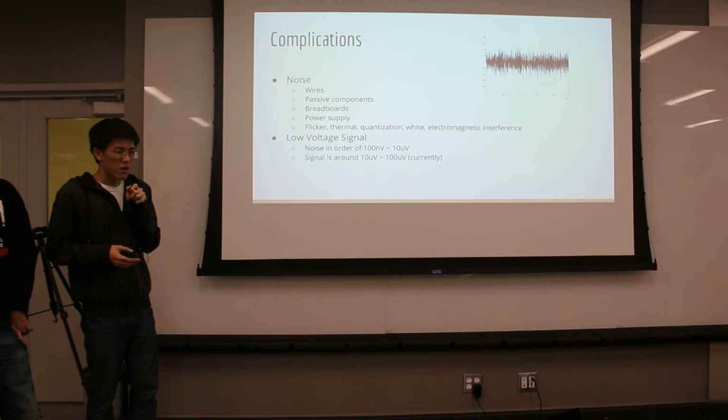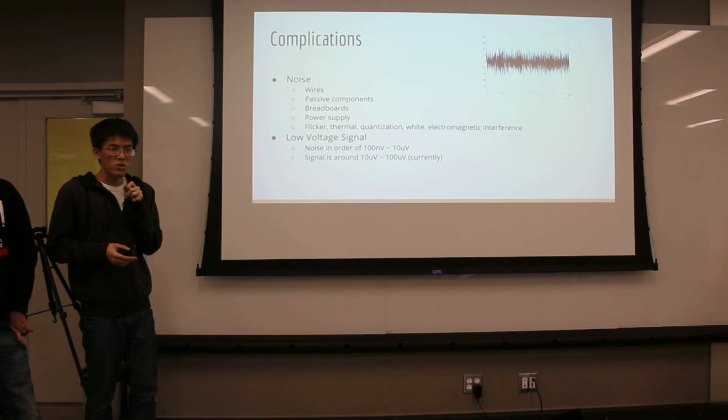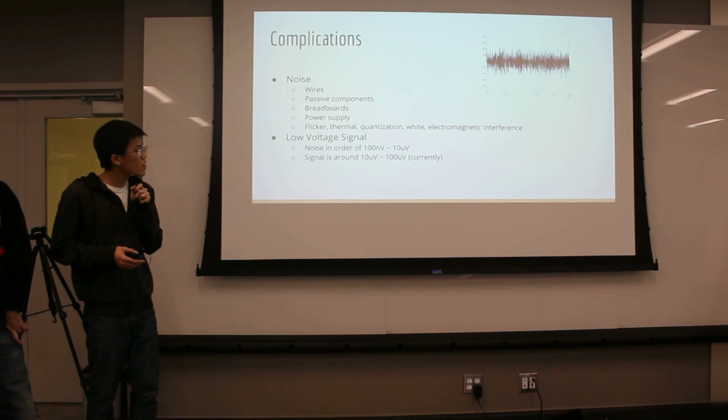Additionally, our power supply isn't as stable as we'd like it to be, which causes the excitation voltage across the load cell to be a bit noisy, which means our signal's also slightly noisy.